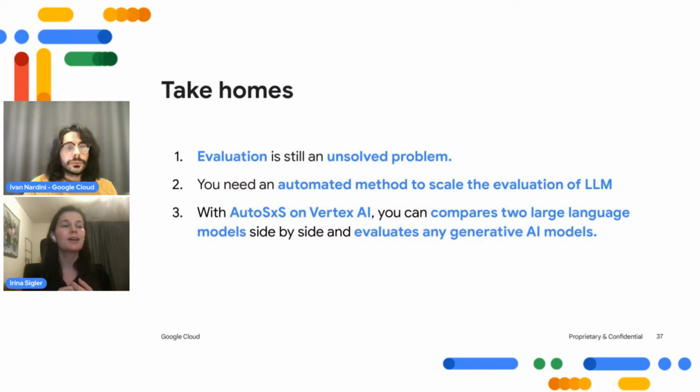And ultimately, we've just seen Auto Side-by-Side, our autorater that supports you in A/B testing your LLMs. You can evaluate any generative AI model with that approach, and please don't forget all the elements we offer you to scrutinize this approach. So the raters we have in place right now for summary and QA, we've quality controlled and tested them against human raters so that we have alignment with what human judgment would be for summarization and QA.